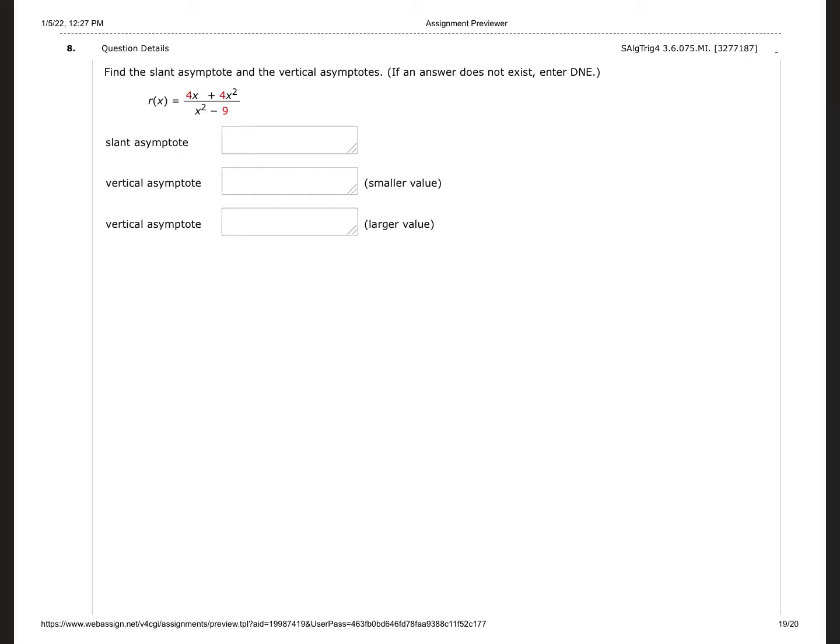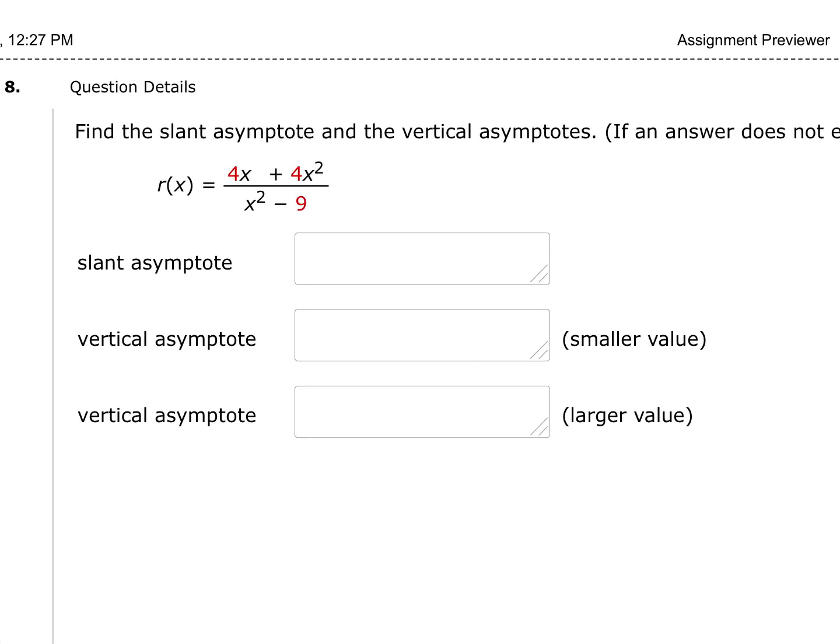For your next one, it asks you for the slant asymptote and the vertical asymptotes for r of x is equal to 4x plus 4x squared over x squared minus 9. Now, if it was me, the way that I would start this one is I would just rewrite it automatically as 4x squared plus 4x over x squared minus 9. So both my numerator and my denominator are in standard form.